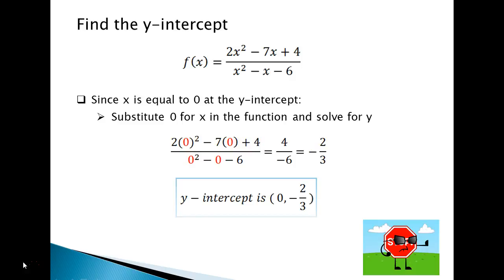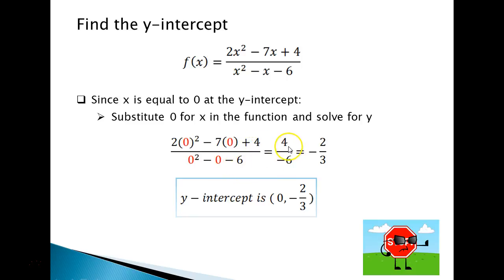Next, we will find the y-intercept. Now, to find the y-intercept, we take advantage of the fact that x is always 0 at the y-intercept. So it's just a simple matter of substituting in 0 every place we see x and then finding the y-intercept. So you see here, I substituted in 0 for x and calculated what was left.